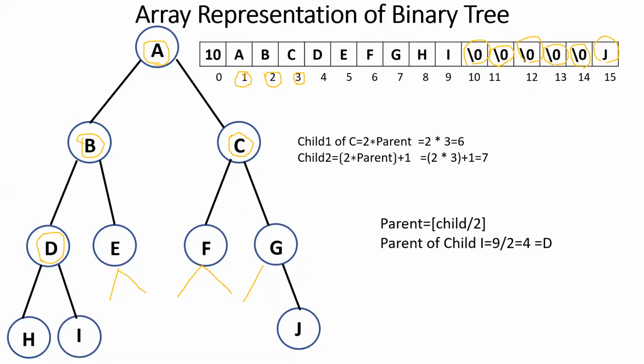Nikita P, tell me, what will be the index number of the children of B? Parent index of B is given as 2, right? Index of parent node B is 2, so where will be the left child of B and what will be the index of the right child of B?